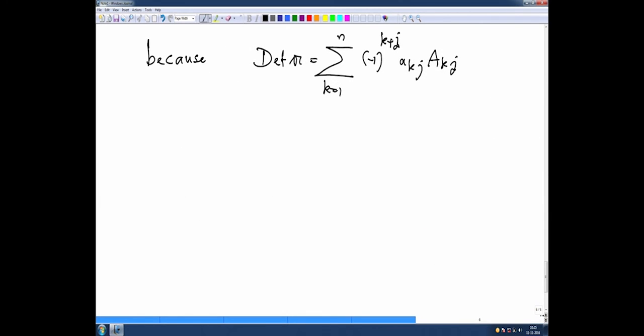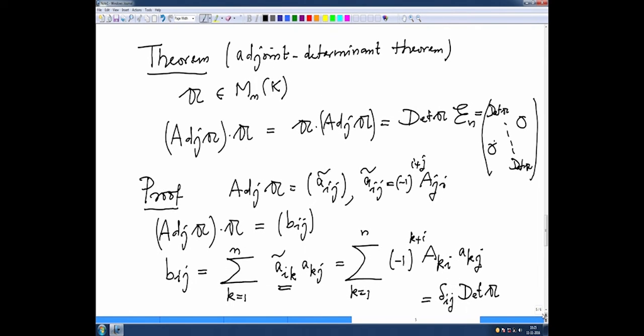So, that proves what we want. This product is equal to the diagonal matrix with determinant on the diagonal.